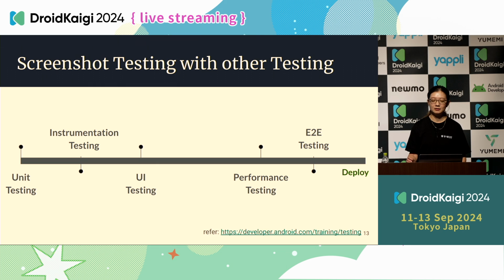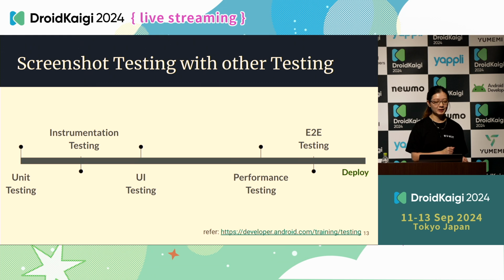Let's take another look at the responsibilities of screenshot testing and other testing in our development process. From making changes to the code to deploying our app, we have several layers of testing to ensure code quality. As you can see on this timeline, it all starts with unit testing, which focuses on individual logic functions.